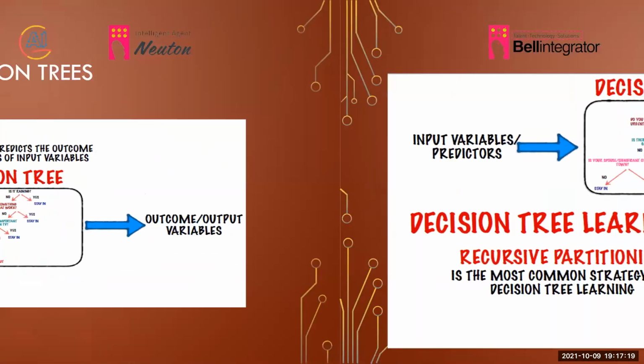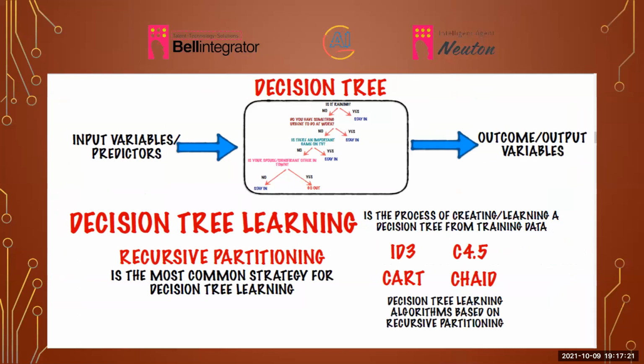Now we know that a decision tree splits itself recursively, like yes, no, yes, no, or if then, if else. It's like an if else loop. Chalta rehta hai, keeps on moving, right? For this splitting, the most common strategy that people use is called recursive partitioning.